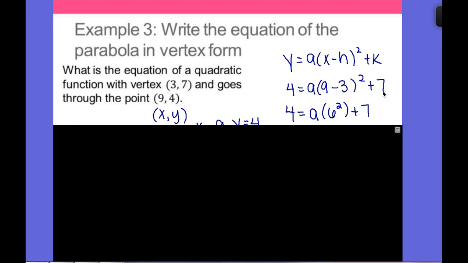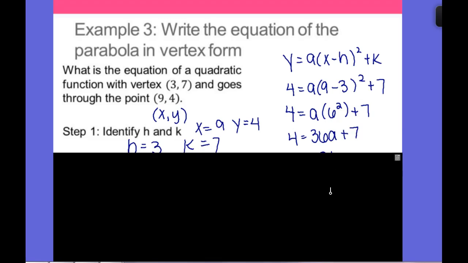Once I've plugged those key pieces of information in, now I need to simplify following order of operations. So the order of operations say I have to simplify inside my parentheses before I multiply or square. So 9 minus 3 is 6. 6 squared gets me to 36.